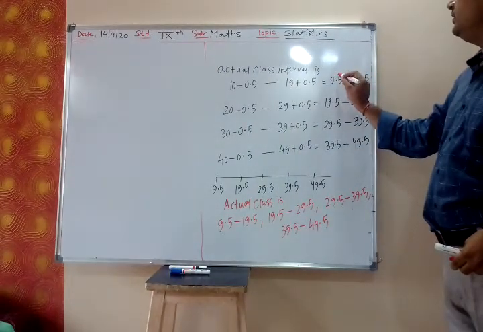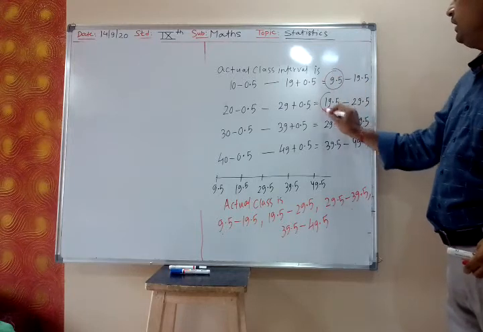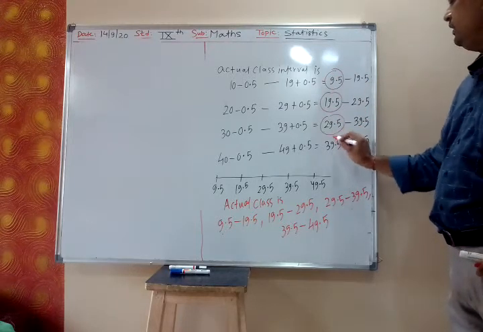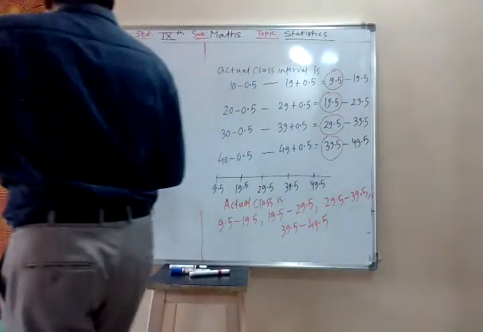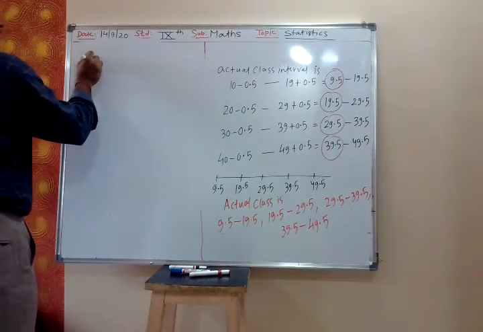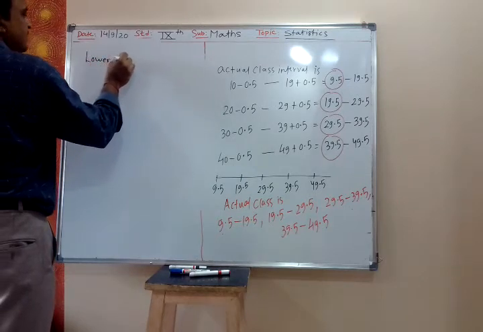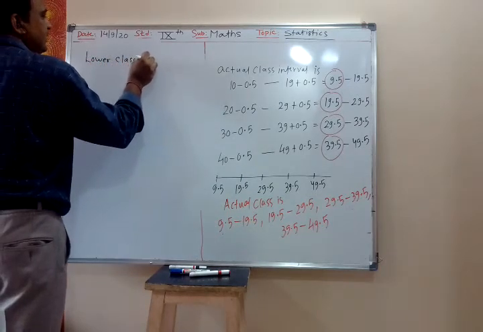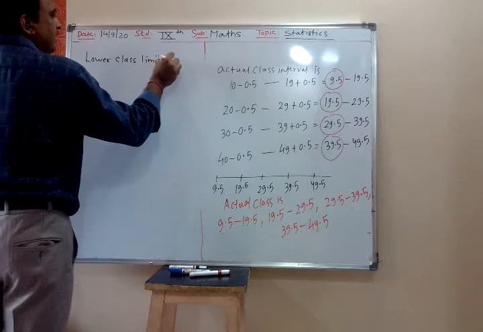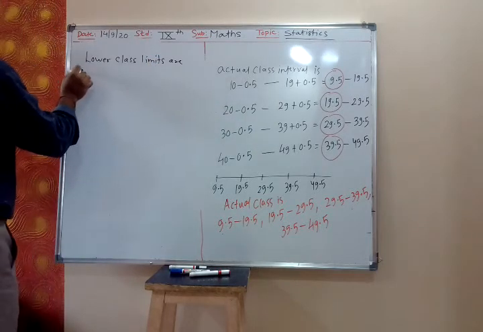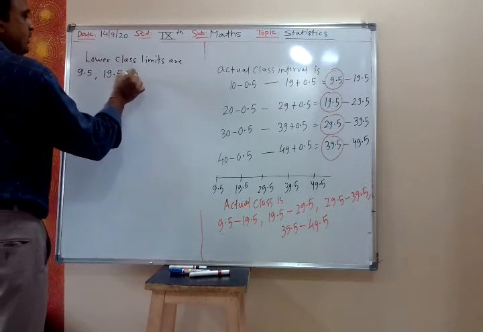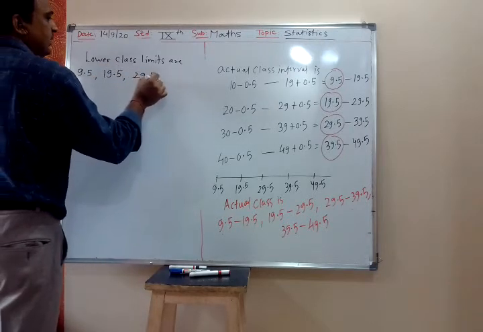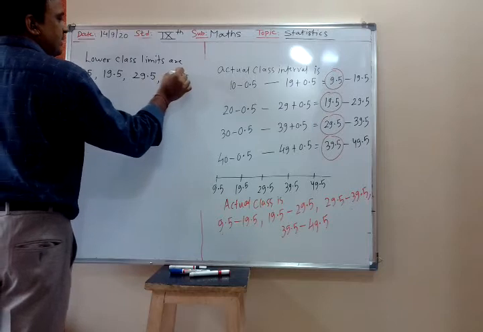So lower class limits are 9.5, 19.5, 29.5, 39.5. We write lower class limits are 9.5, 19.5, 29.5 and 39.5.